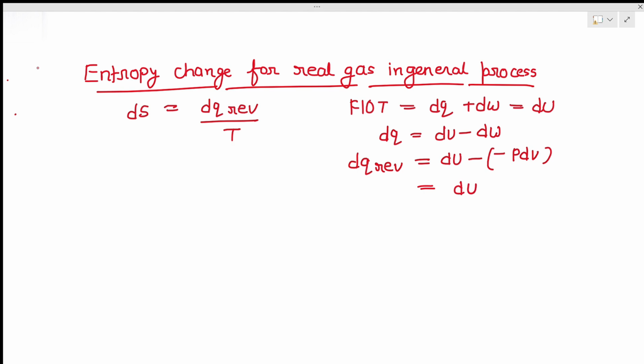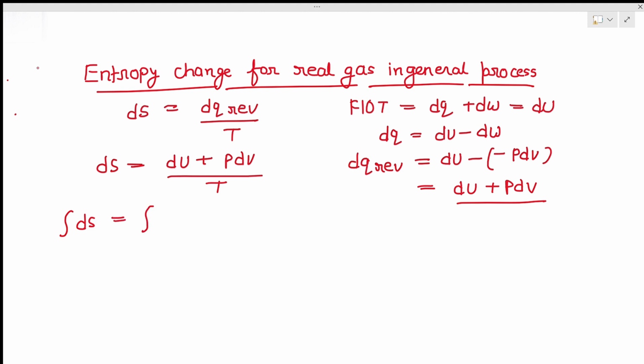Now we put this value here. So we get dS is equal to dU plus pdV upon T. Now do its integration. So dS will be equal to the integration of dU by T plus the integration of p dV by T.